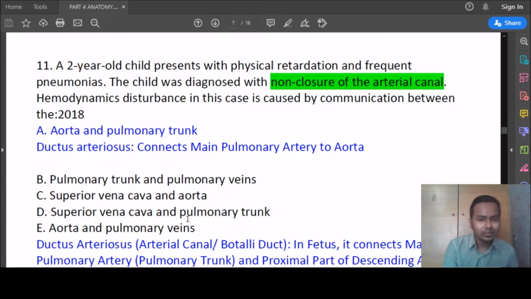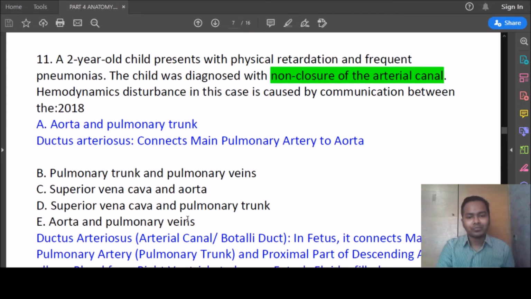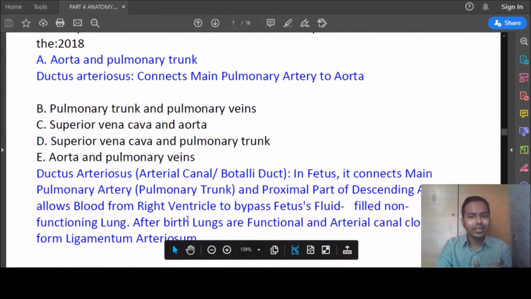That is the ductus arteriosus, which connects the pulmonary artery to the aorta. After birth it normally closes. When it fails to close, this connection between the main pulmonary artery and the aorta is the patent ductus arteriosus. In the fetus, the ductus arteriosus connects the main pulmonary artery, the pulmonary trunk, and the proximal part of the descending aorta.